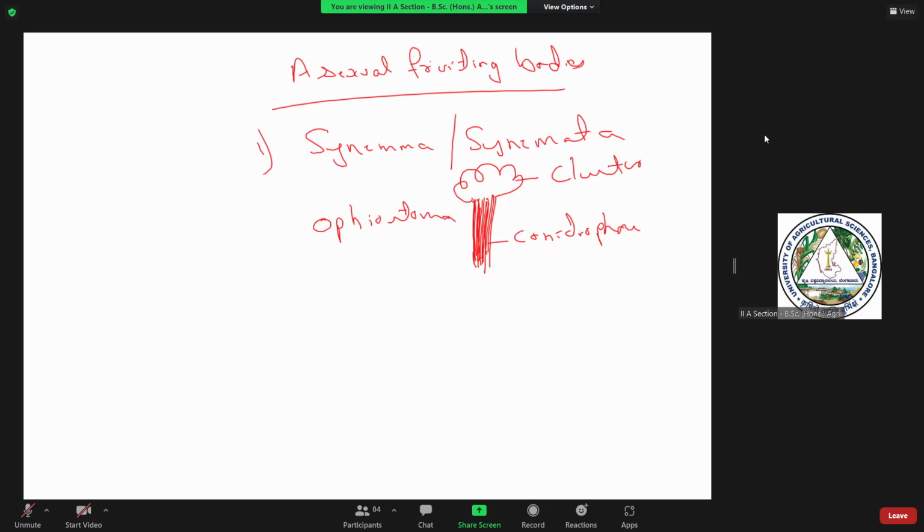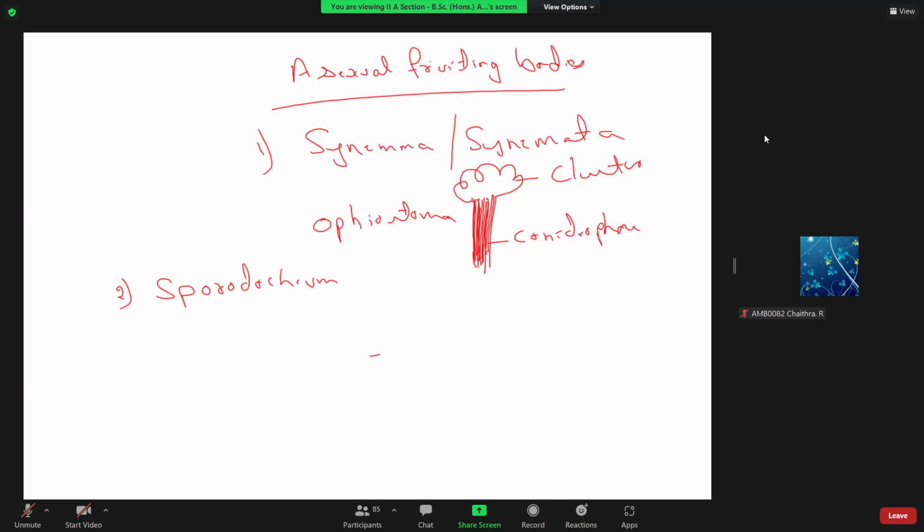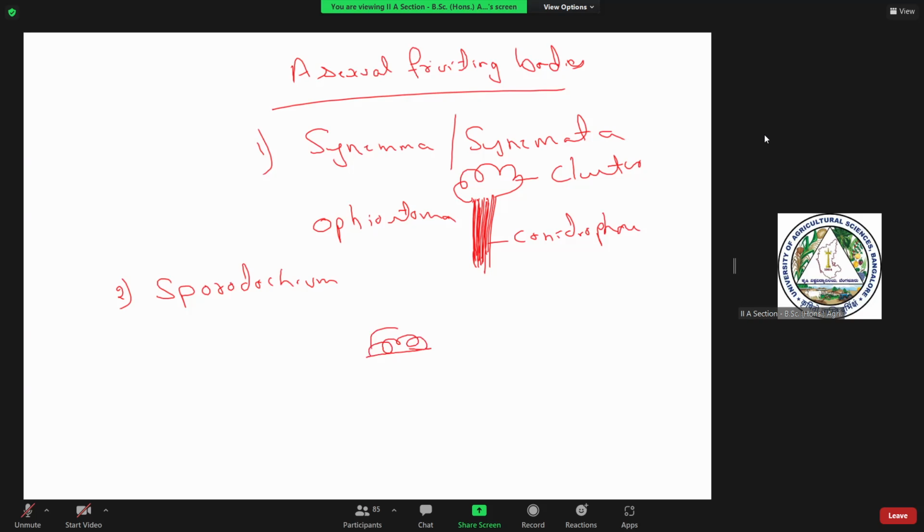The second type that I mentioned is the sporodochium. It is another type of fruiting body, often a superficial growth on the surface, a cushion-shaped asexual fruiting body, where you will see the spores emerging.